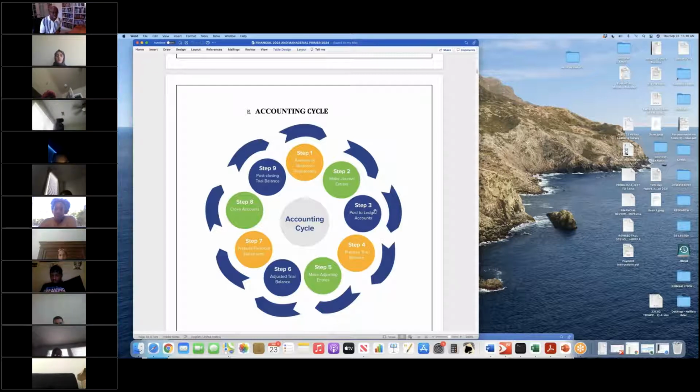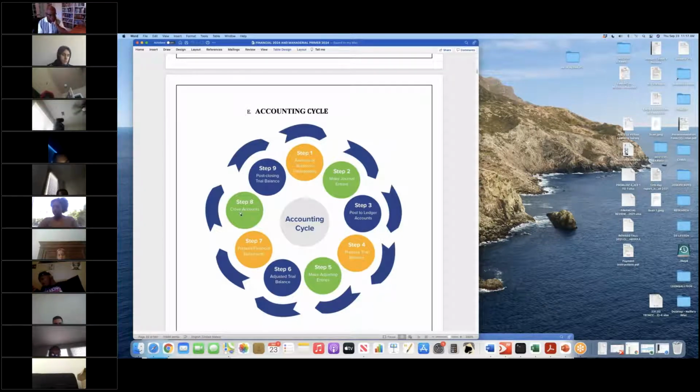Then we just finished steps 3 and 4. We post to the ledger and prepare a trial balance. I'm skipping 5 and 6 for now. We'll come back to it. But we're going to go on to 7 and 8, where we prepare the financial statements and we close the accounts.